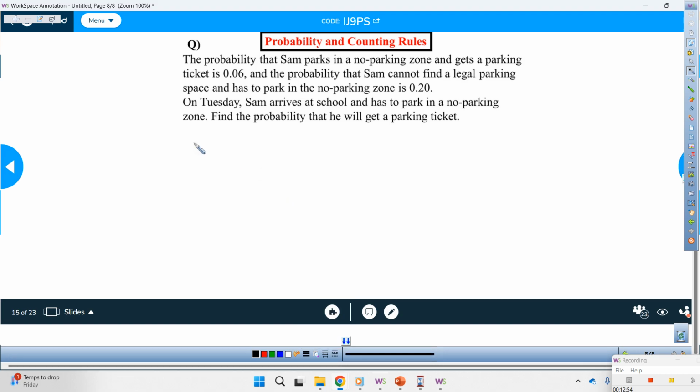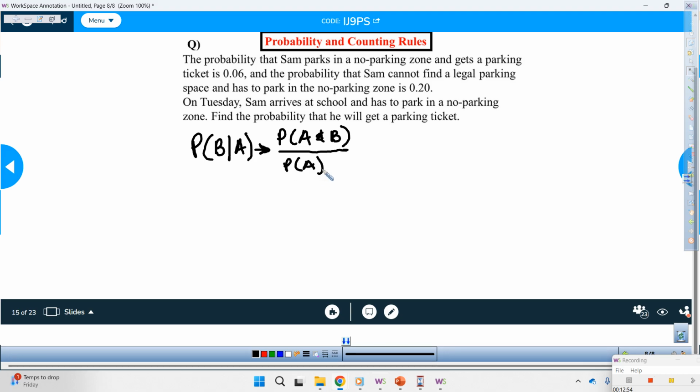We got P of B given A equals P of A and B over P of A. In order to set up our formula, we need to substitute values, so let's leave blanks.